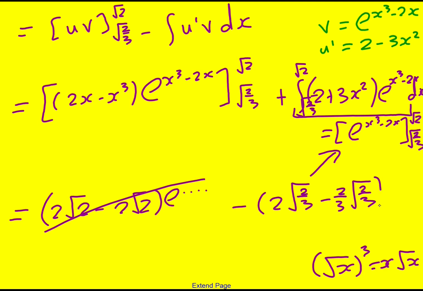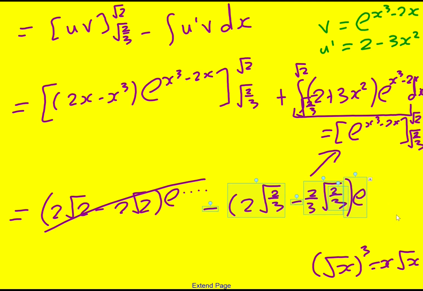And then I'm going to be times in by e, so I run out of space, to the x cubed. It's very similar. I'm just going to get 2/3 times root 2 over 3 minus 2 root 2 over 3. So that is that first one, and then I'm going to be adding this thing here.